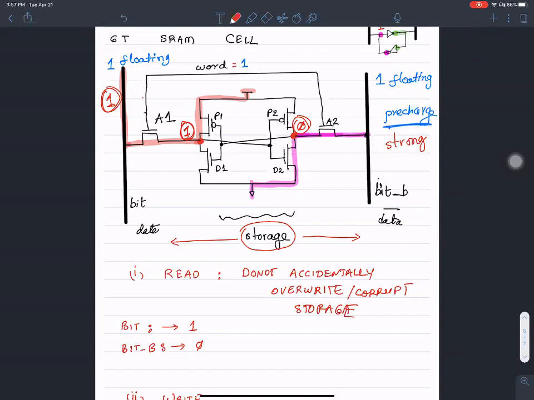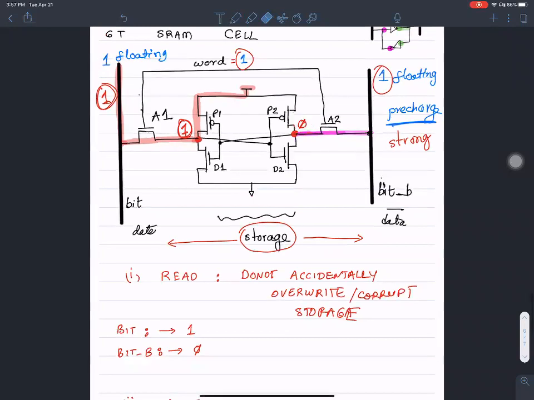If this 1 is strong, when the word line becomes 1 and the purple path is established, instead of discharging to 0, this 1 corrupts the contents and makes a 0 corrupt to a 1.